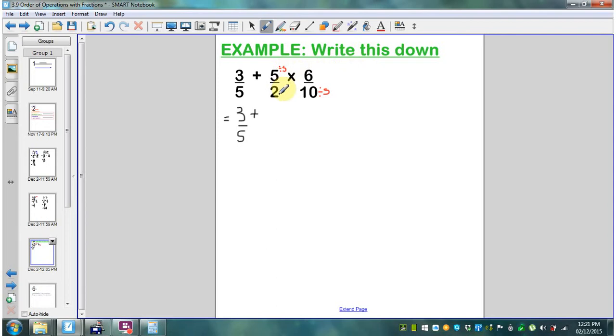Okay, so I'll bring that down. 5 divided by 5 is 1. I haven't done anything with my 2 yet, so I'll bring that down. Times. Haven't done anything with my 6. And then I have 10 divided by 5, which is 2.